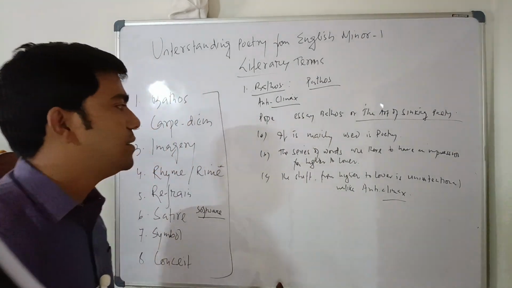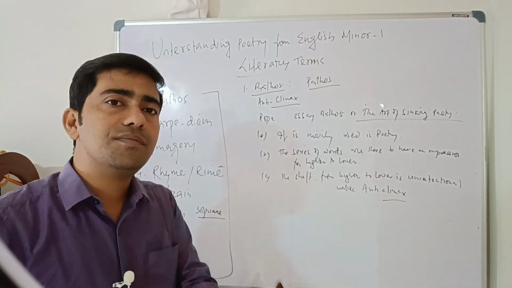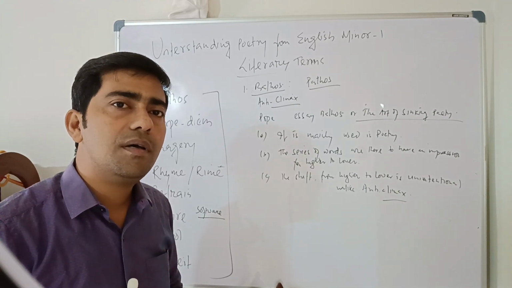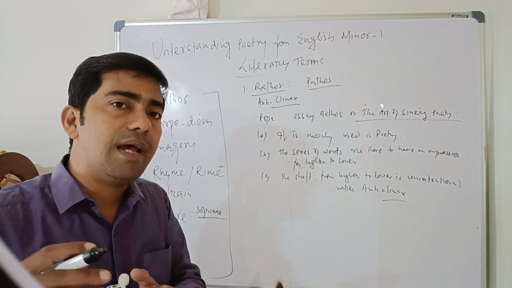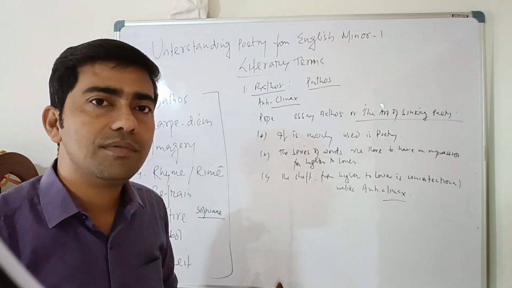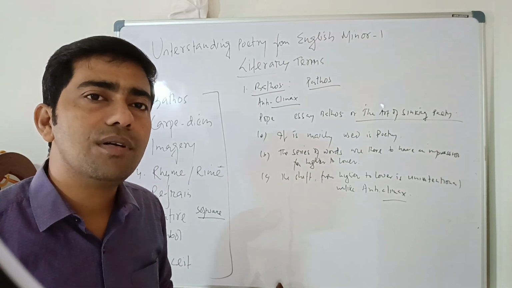Alright? In anticlimax, the series of words gradually moves from lower to higher, and there is a sudden fall, and the fall is to excite ridicule or laughter.